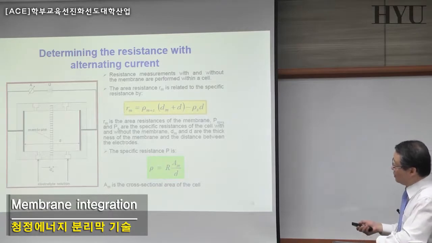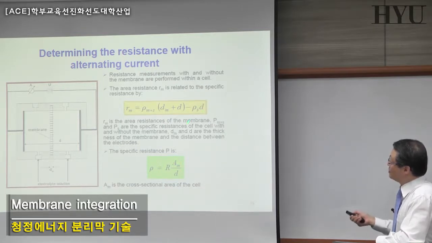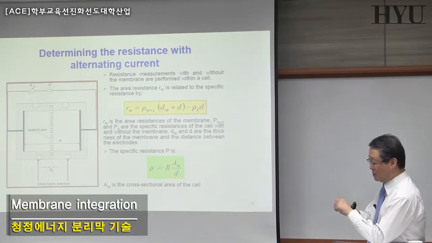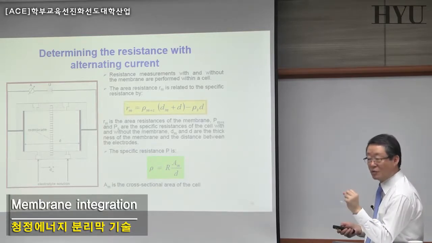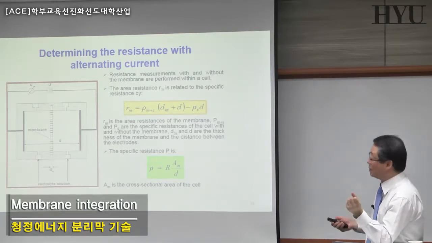And by knowing the distance and the area, we can calculate the total specific resistance. So by knowing the specific resistance of the solution and of the membrane plus solution, we can calculate the area resistance R_m by using this alternating current.